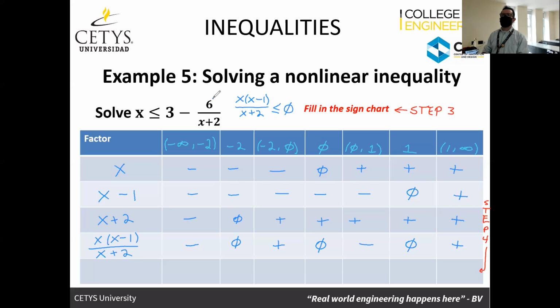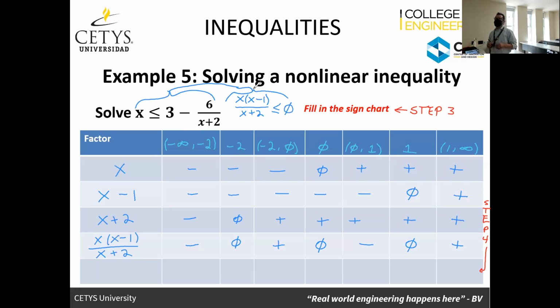So this expression is equivalent to this expression here.